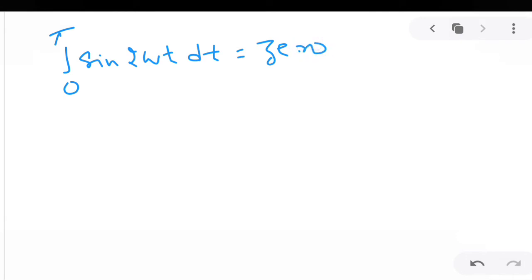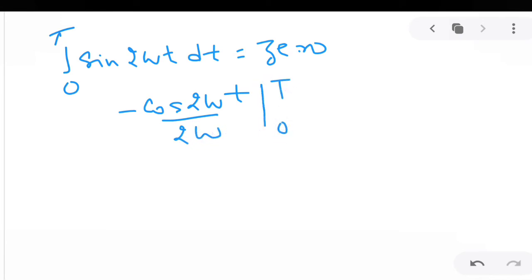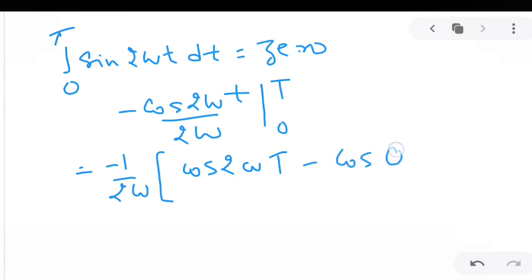Okay, now integral of sin 2 omega t is minus cos 2 omega t by 2 omega, limit is 0 to T. So this is equal to minus 1 by 2 omega, cos 2 omega T minus cos 0.